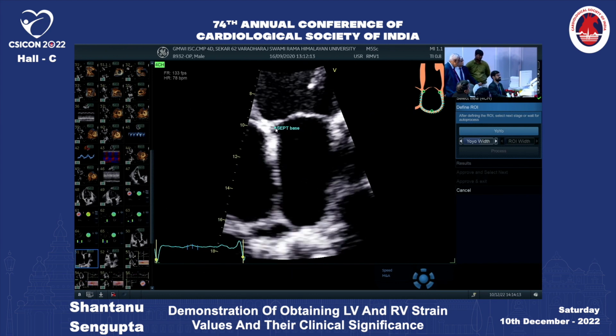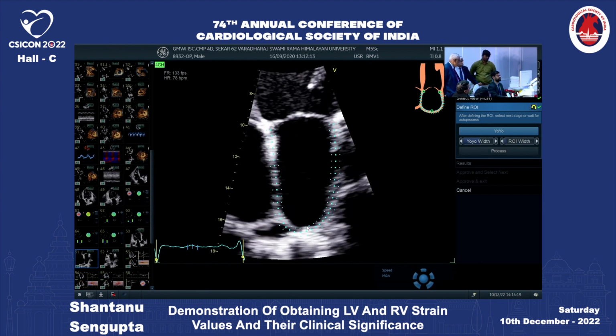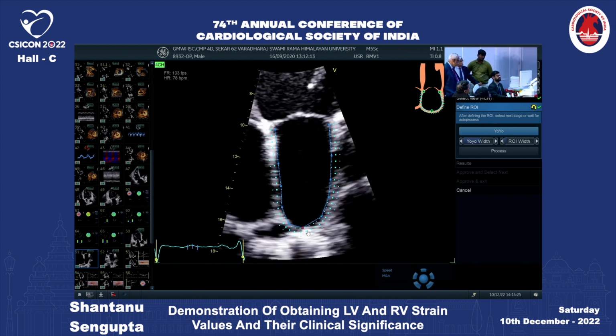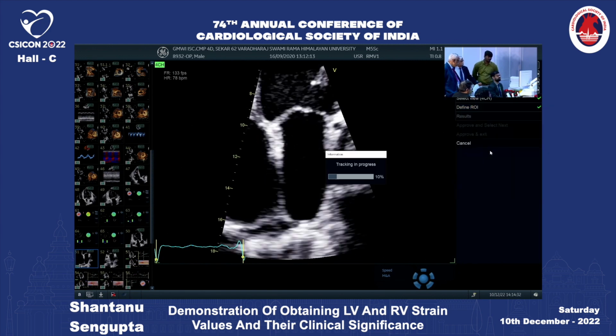It will ask for the basal septum, the lateral base, the apex, and the LA roof. Remember, the LA is a very thin structure. You have to be very careful that you don't go outside, otherwise the values go haywire, and then we process it.